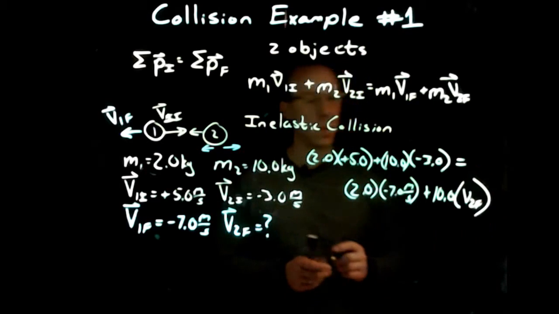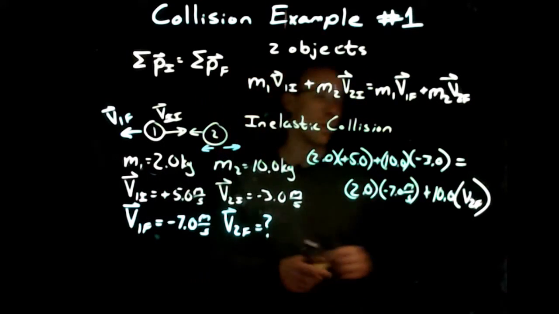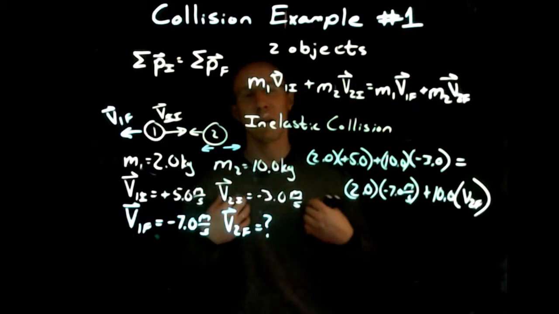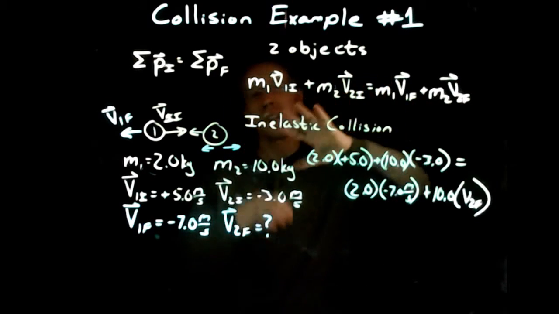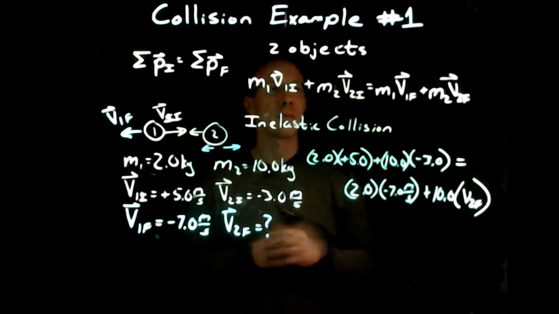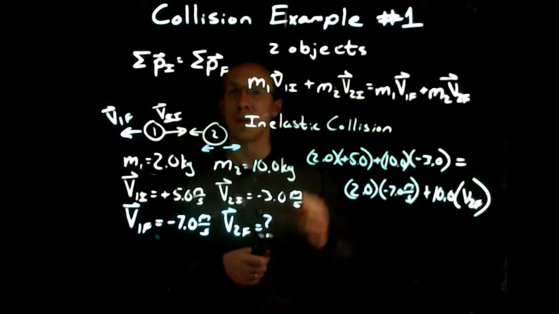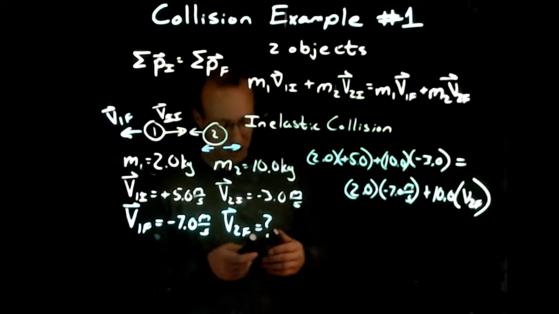A lot of times students will work through this and put all the numbers in like I did here. Personally, when I solve for it, I like to leave it all as the variables. So what I'm going to do is solve it here, and then go back and rewrite it with just the variables so you can see how that works.